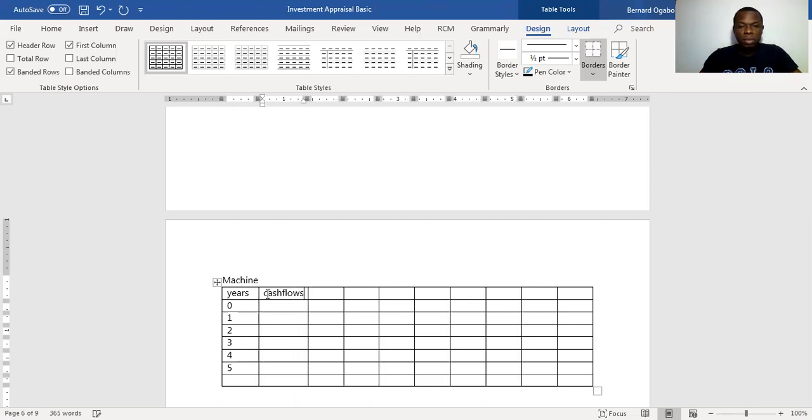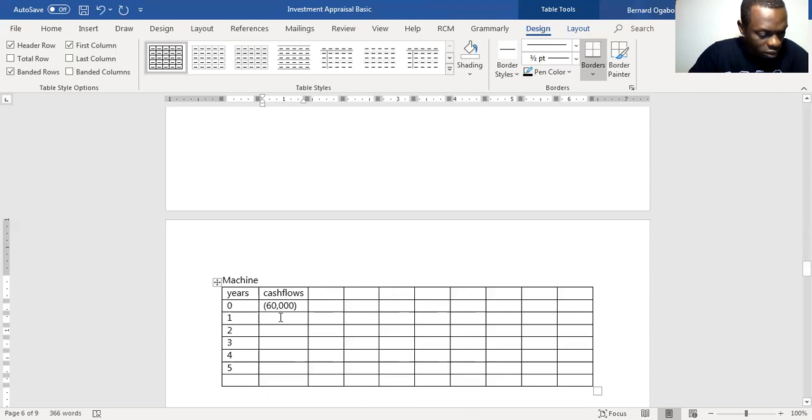I have my cash flows. The cash flows for machine Y: year 0 is 60,000.